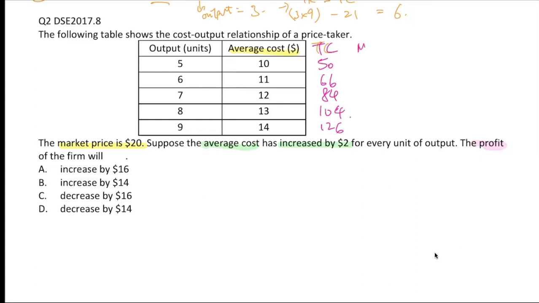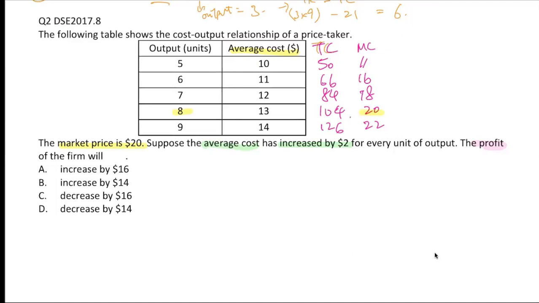Okay, so MC is, I don't know, the first one, 16, 18, 20, 22. So then what should we do? Must be output 8. Sorry, output X. Yeah, output 8. Okay, output X.